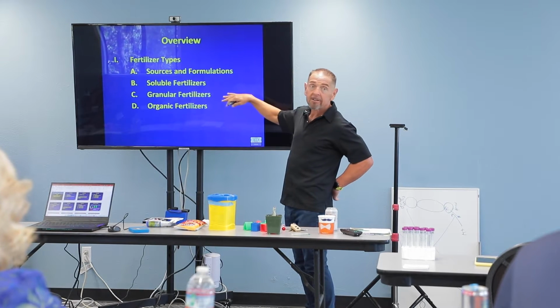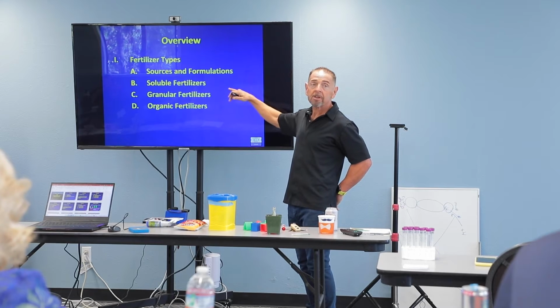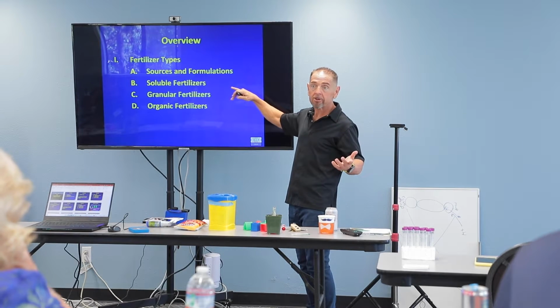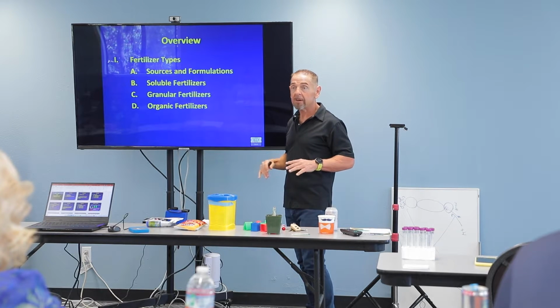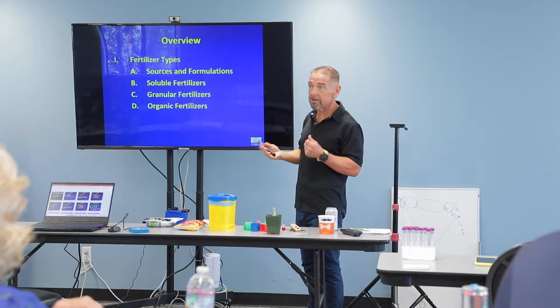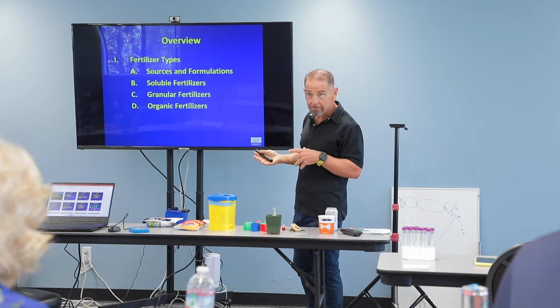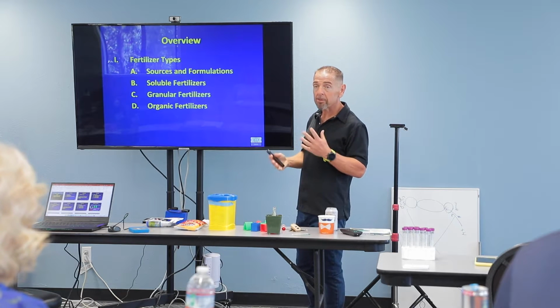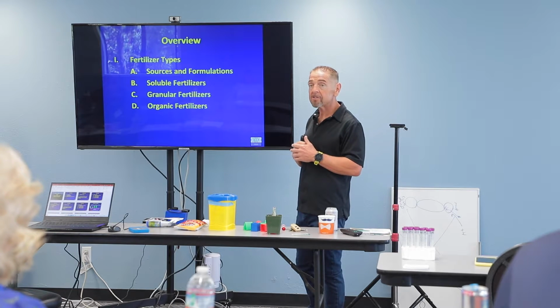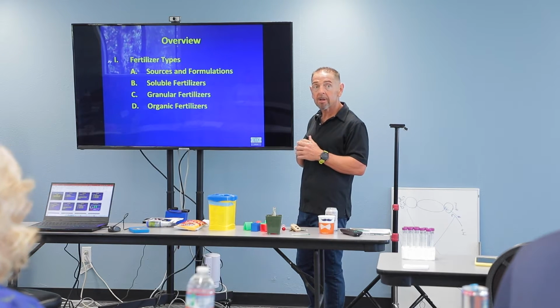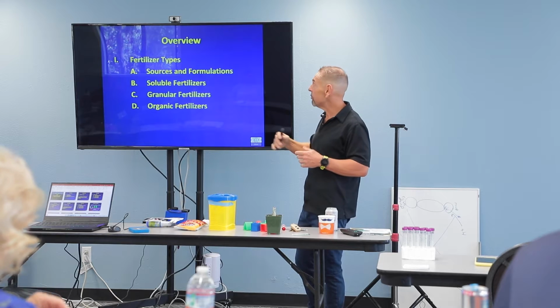And then we're going to break it down this way. We're going to talk about soluble fertilizers, where you put things into your water. And then there's the granular types, and we have all kinds of granular types. Like ground up rock, we have coated materials that help with release based on temperature or biological processes. So understanding how they work and how they sometimes don't work is going to be important.